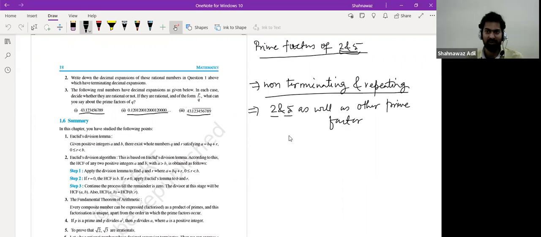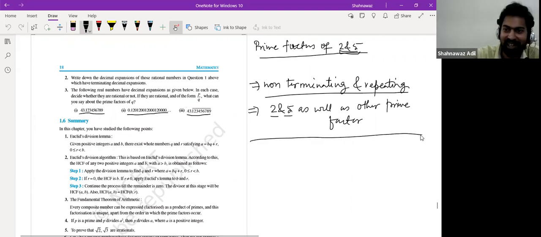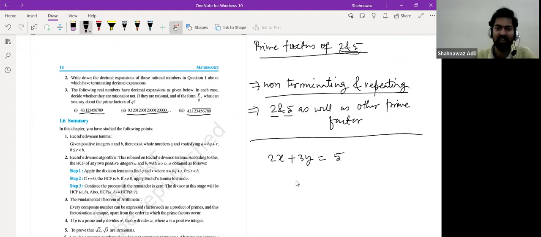For a linear equation, the degree is 1, because let's say you have 2x plus 3y is something like 5, right? So the highest power will always be 1.